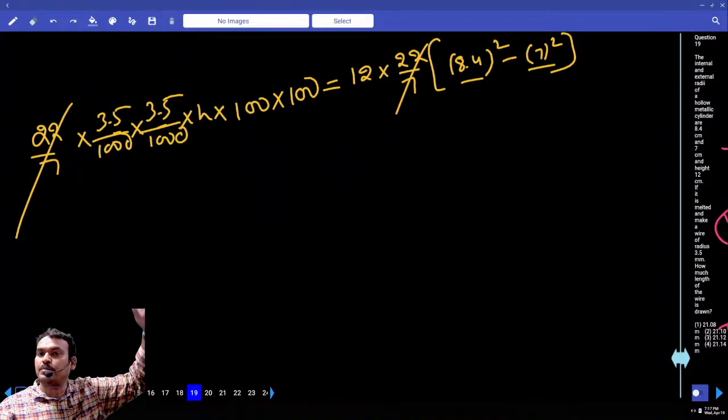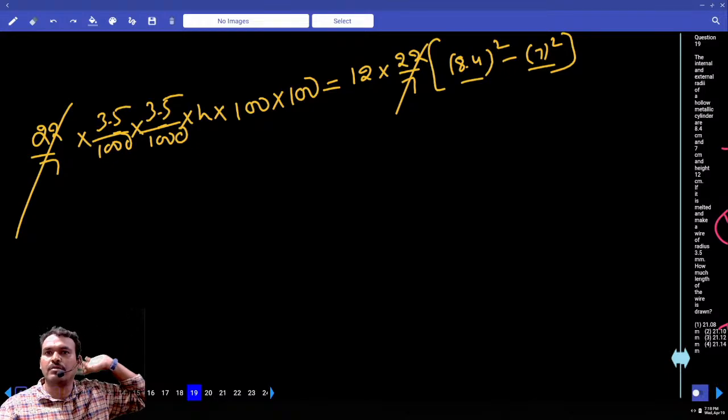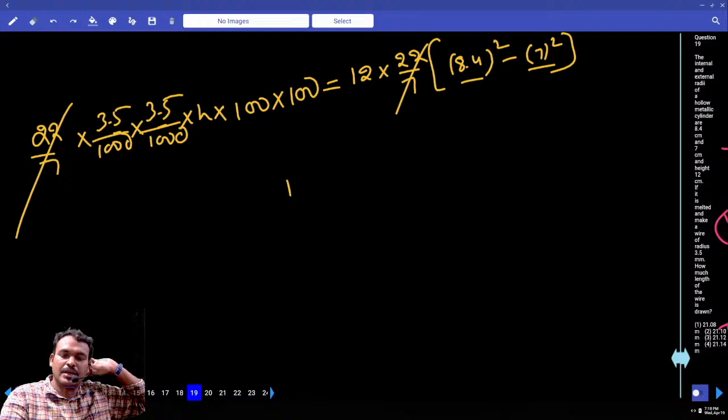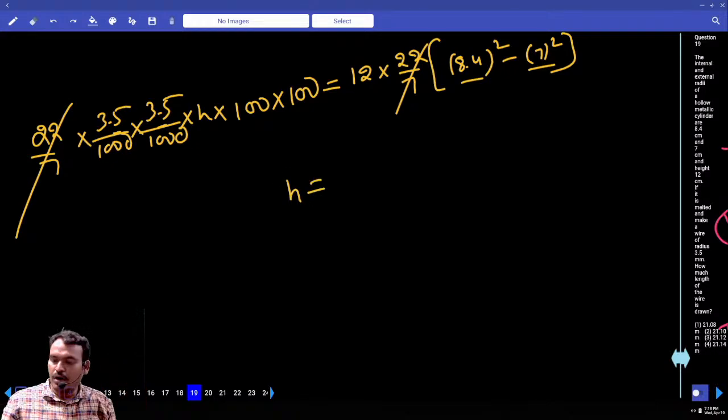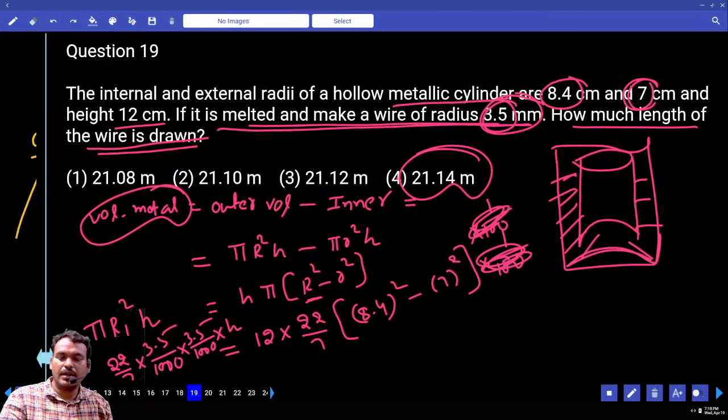Right hand side, 8.4 square minus 7 square, is the difference also a 7 multiple or not? Again on the left hand side 3.5 into 3.5. If it is only one time, 7 is cancelled. Again 3.5 is also a 7 multiple. Then the answer must be a multiple of which one? 7. How many options? Only one, right? Third option. Second or third?